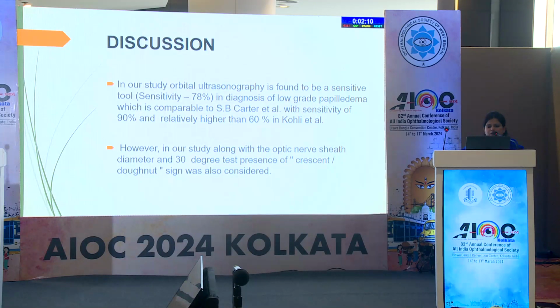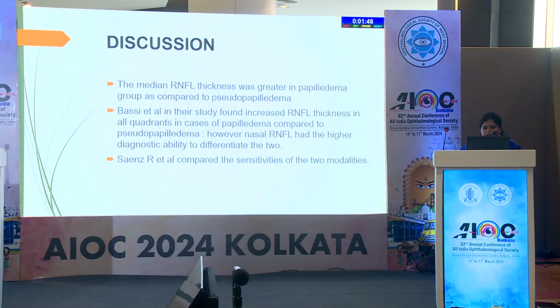In one study, orbital ultrasonography was found to be a sensitive tool in the diagnosis of low-grade papilledema, comparable to SB Carter et al., which had a sensitivity of 90%, relatively higher than the 60% in Cole et al. However, in our study, along with the optic nerve sheath diameter and 30-degree test, we also took into consideration the crescent and donut sign. The median RNFL thickness was greater in papilledema as compared to pseudopapilledema. Bessie et al. in their study found increased RNFL thickness in all quadrants.